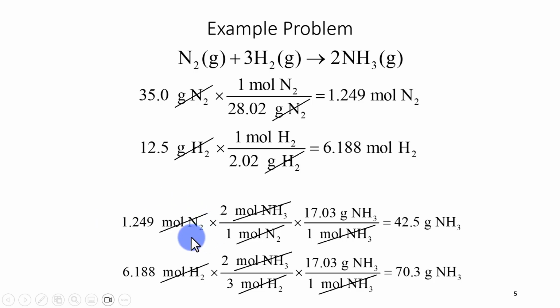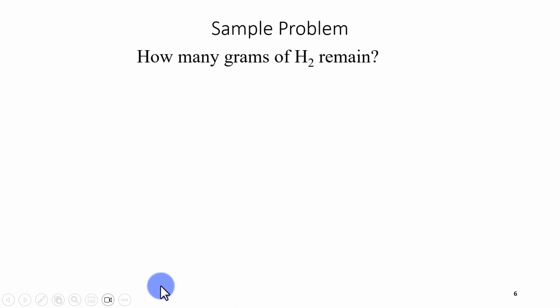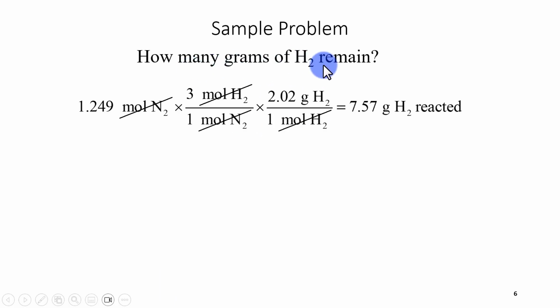The second part of the problem asks me how much of my excess reactant is going to be left over. So how many grams of H2 remain? To figure that out, I take the moles of nitrogen that were given to me, or that I calculated, and then I figure out how many moles of hydrogen are needed to react with that exact amount of nitrogen.